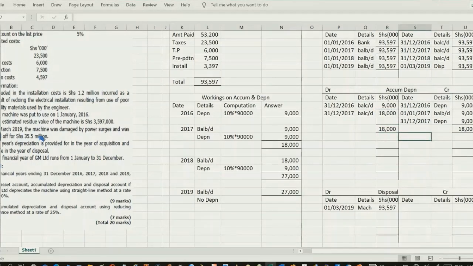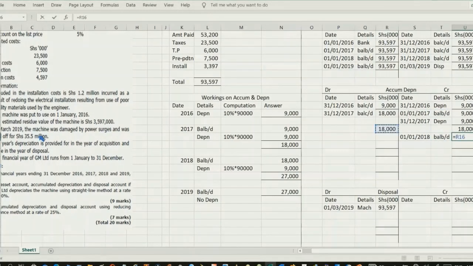And at the start of the next financial year, our opening balance will be 18,000, and at the end of the financial year, we'll have to compute depreciation again.